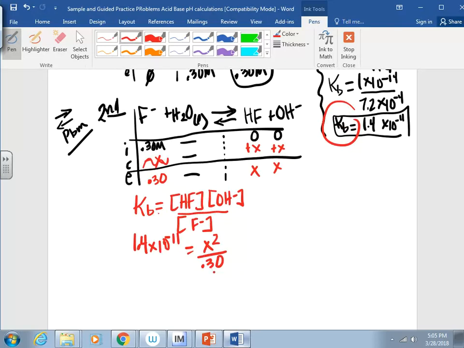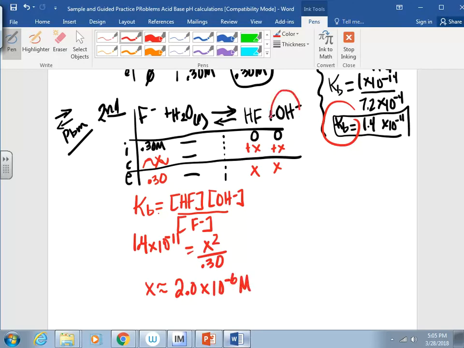So cross multiply and then take the square root, and that's going to give you for your x 2.0 times 10 to the negative 6 molar.